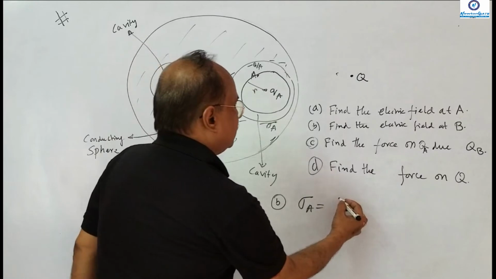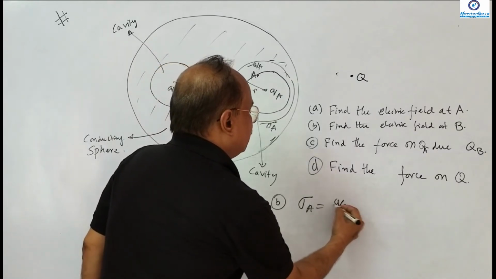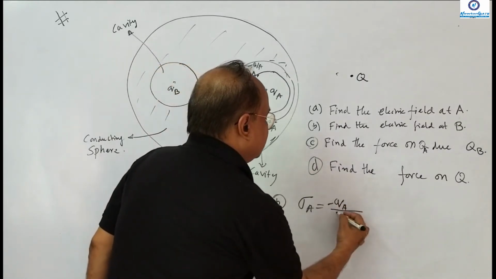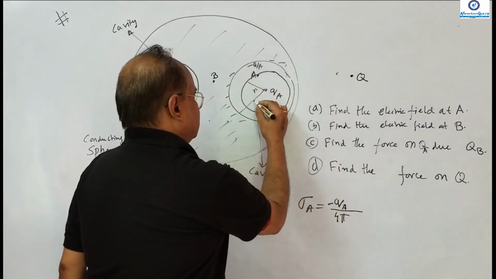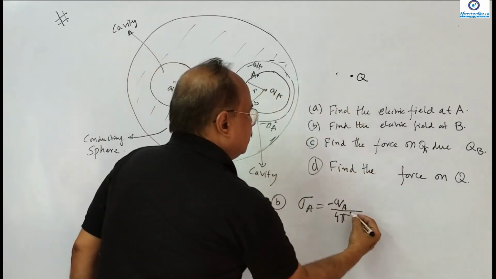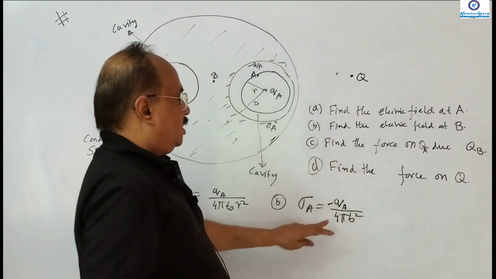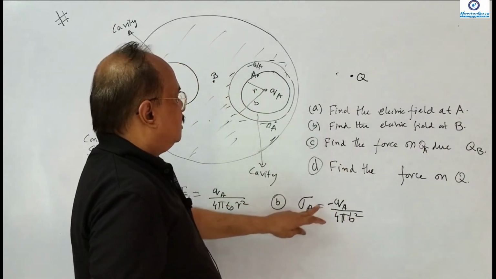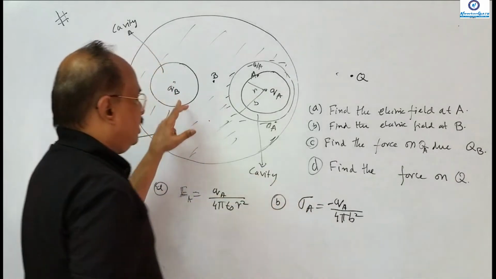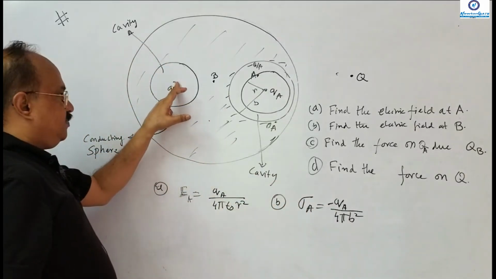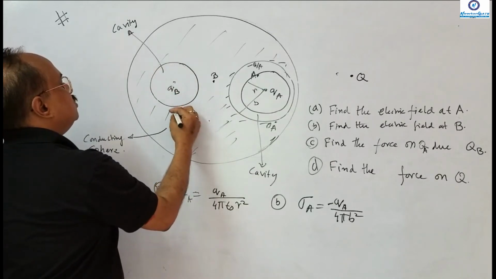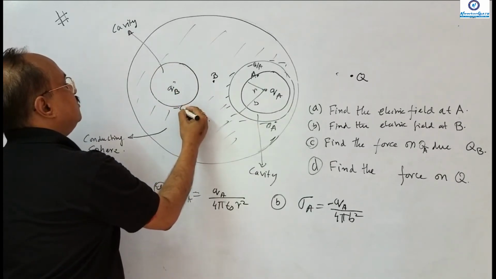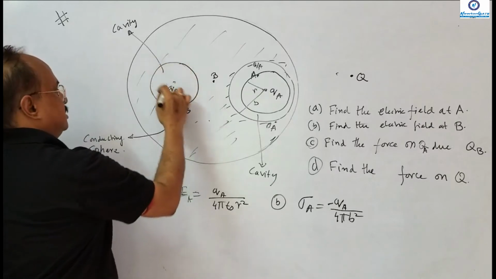Sigma A will be equal to minus QA divided by 4 pi, and if the radius of this cavity is B, it will be B square. Same way, due to this plus QB, a net total charge of minus QB will be induced on this surface.